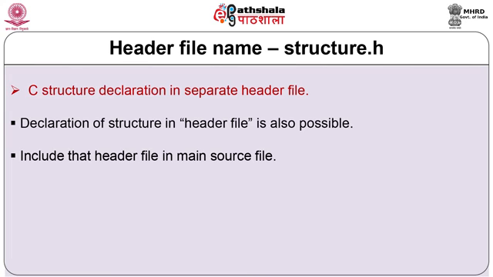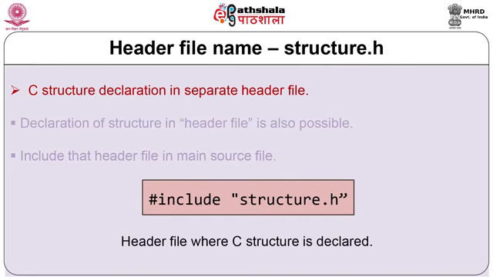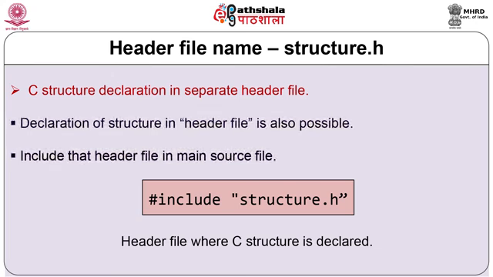Before compiling and executing the program, we must create a file named structure.h and declare the structure below. In the above structure program, the C structure is declared in the main source, instead of declaring it in a separate file.